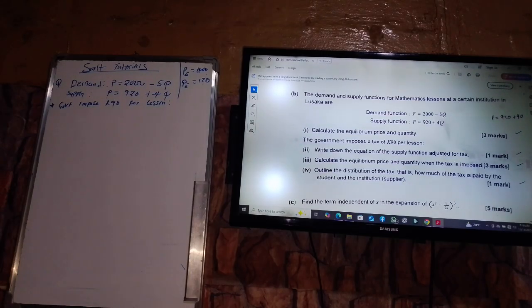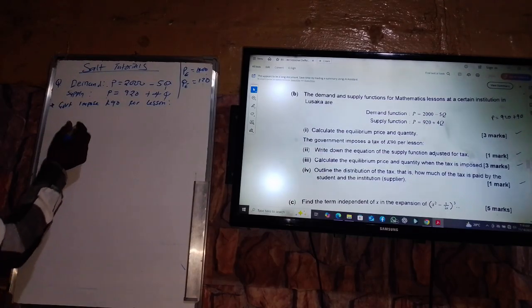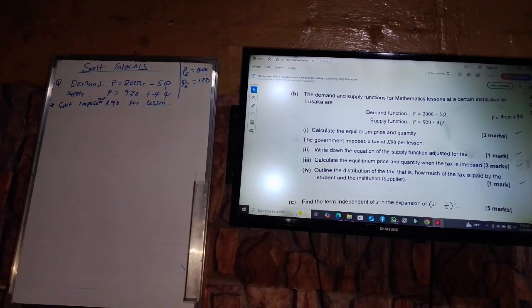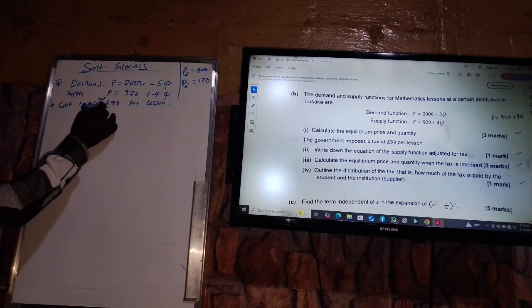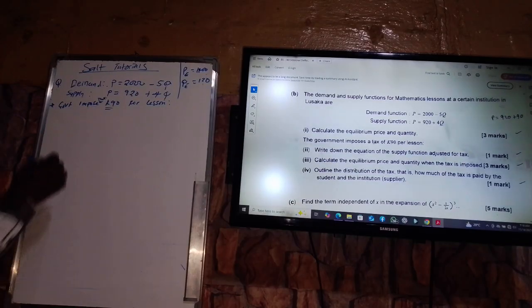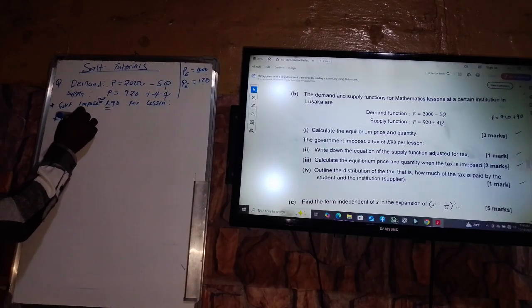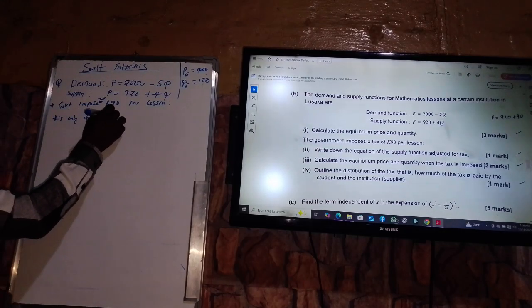Every time you're trying to come up with new equations, always take note that when there's a tax or subsidy which has been imposed, this only affects the supply equation.